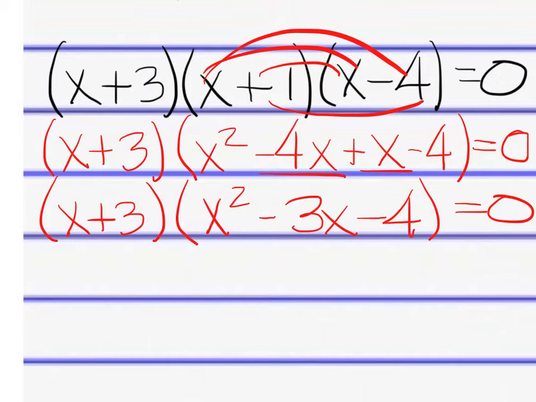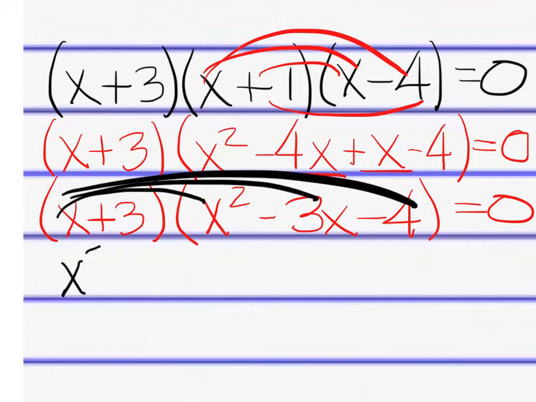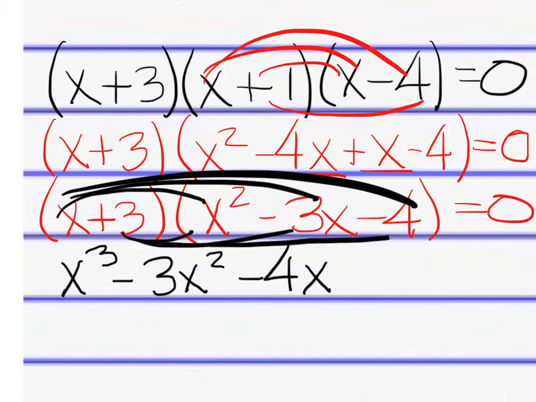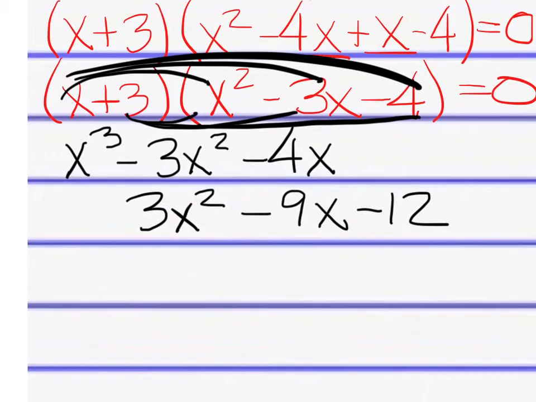So here's how you do that. x times each of these. So x to the third minus 3x squared minus 4x. And then 3 times each of these. That would be 3x squared minus 9x minus 12. And then simplify. x to the third.